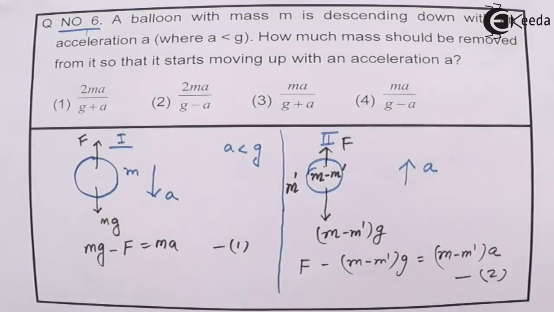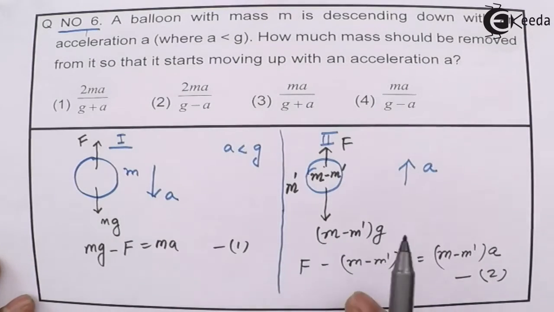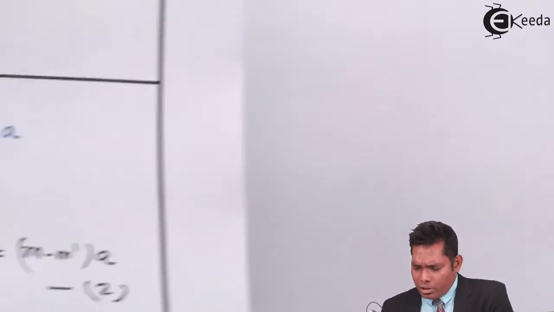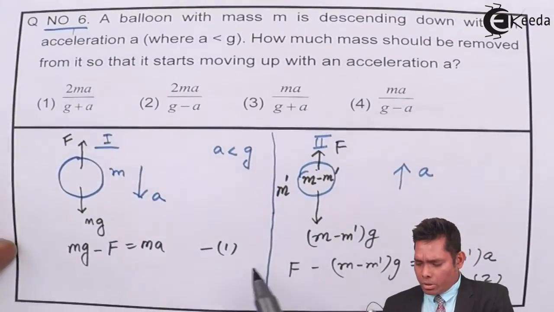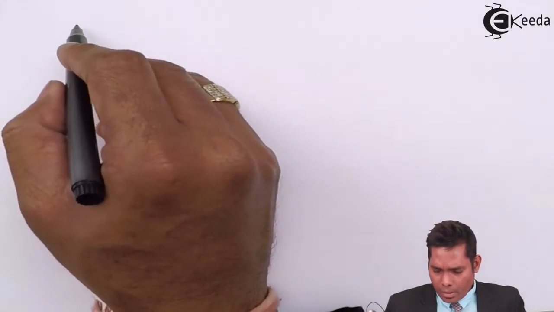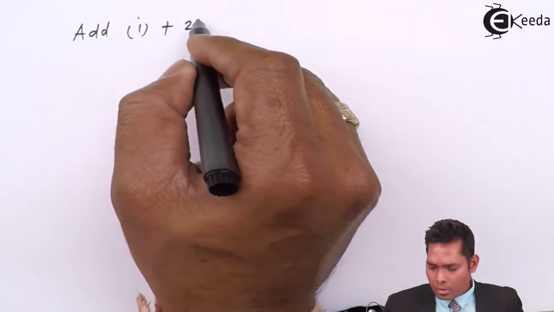Now you have these two equations and you have to solve them. We don't want f, so I add these two equations. This f will be eliminated, and the remaining we have to write down and simplify. So add 1 and 2.